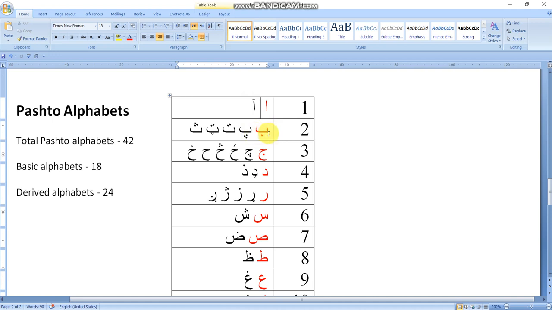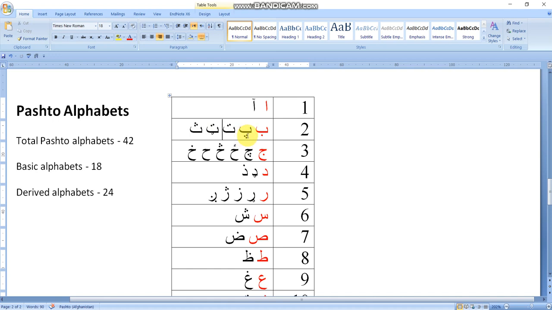If we look at the basic alphabet ba, there are 4 additional alphabets which are called pa, ta, tha, sa, or be, pe, te, te, se.